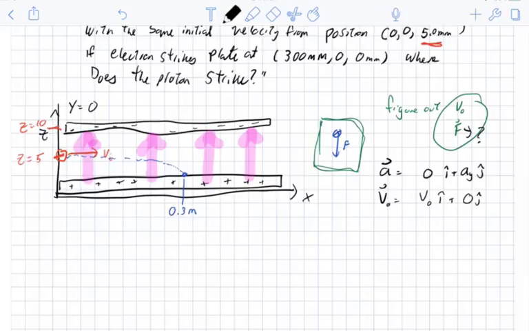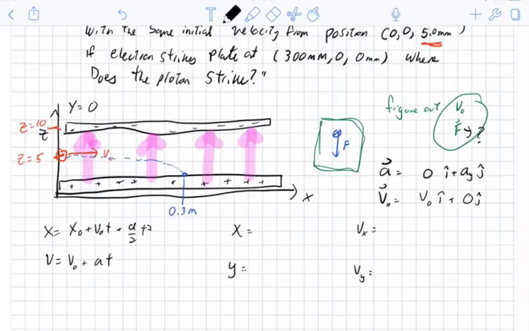Now in terms of these two, the position as a function of time is going to be the initial position plus the initial velocity times t plus a over 2 t squared. And the velocity under constant acceleration is going to be v naught plus at.